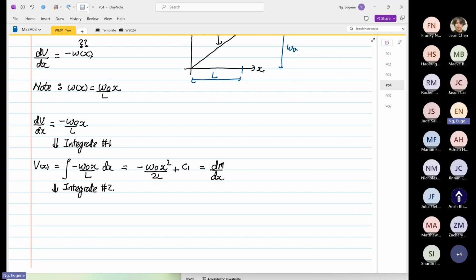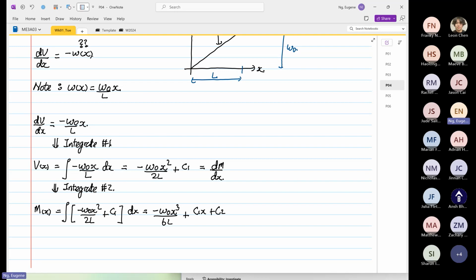So when we integrate the second time, M as a function of x, we integrate the entire term minus omega naught x squared over 2L plus C1 dx. So we will have the expression minus omega naught x cubed over 6L plus C1 x plus C2.